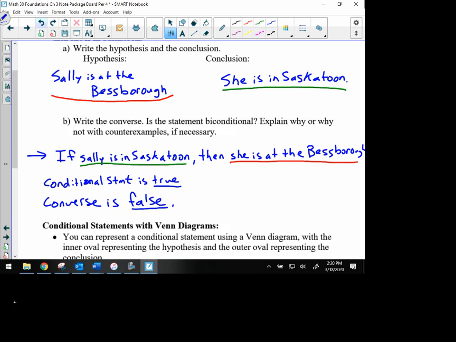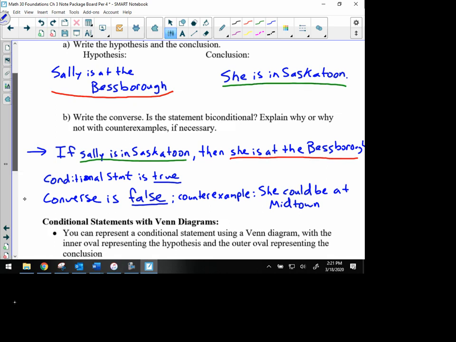And then a counterexample to that. She could be at Midtown, let's say. Close to the Bez, I guess, but not at the Besborough. So the converse is false, which means it is not biconditional.